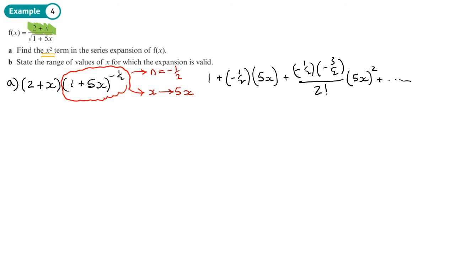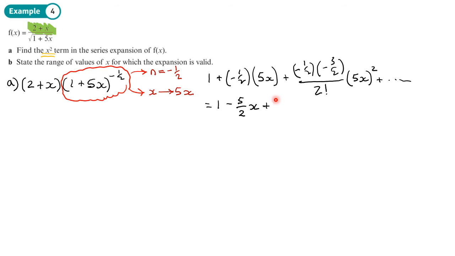Let's simplify that. So that'll be 1 minus 5 over 2x. Then all of this term is going to be positive because the negatives are going to cancel out, so plus. Then we've got 1/2 times 3 over 2, which is 3 over 4, and then 3/4 divided by 2 factorial, which is 2, so 3/4 divided by 2 is 3 over 8.